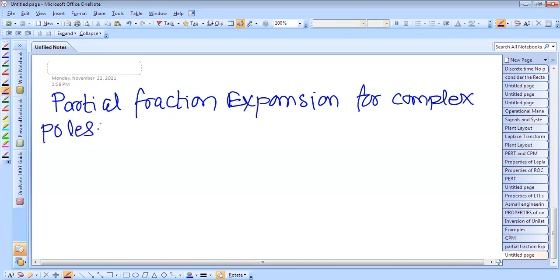We know that the complex pole usually results in a complex valued expansion coefficient, and therefore a complex exponential in the time domain. Suppose we have to find the inverse Laplace transform of a function which is expanded by partial fraction expansion with complex poles.